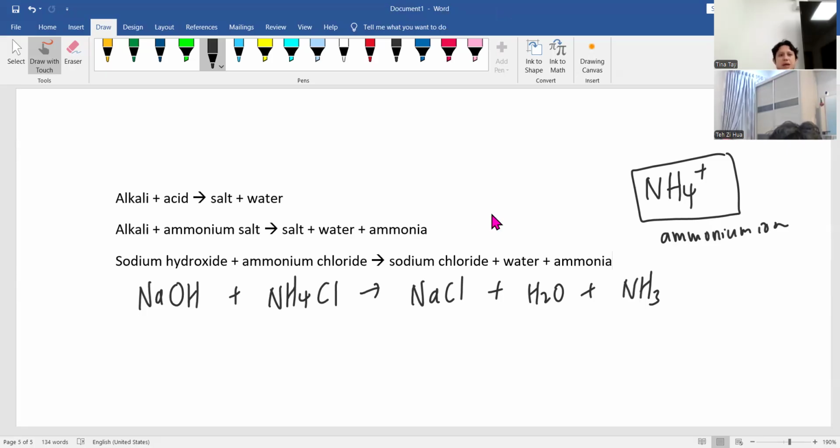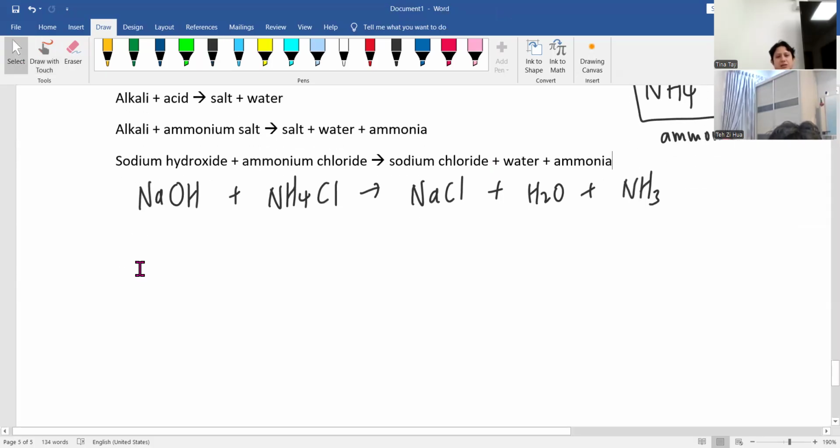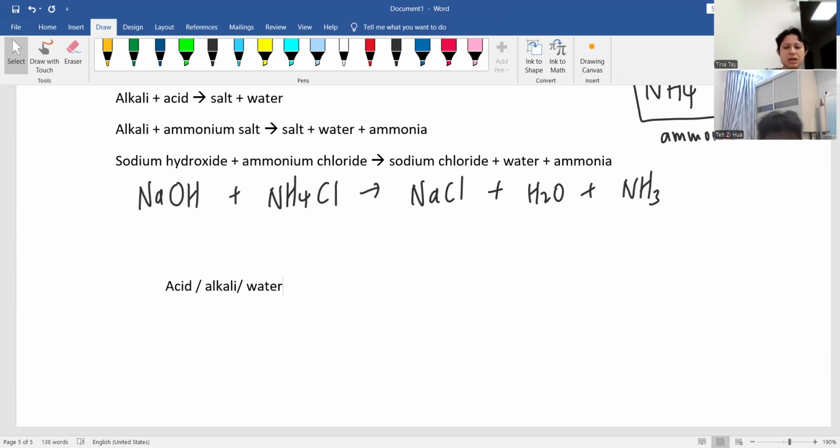Okay, now here's the thing. Acids and alkalis are all colorless. So acid, alkali, and water are all colorless.